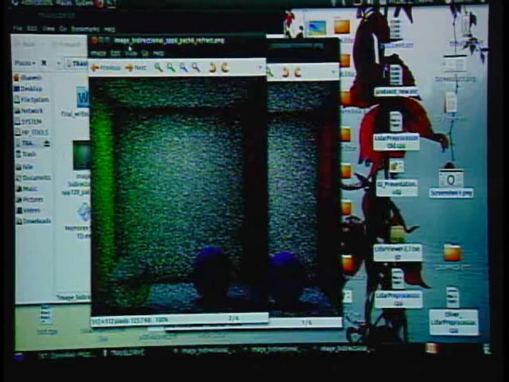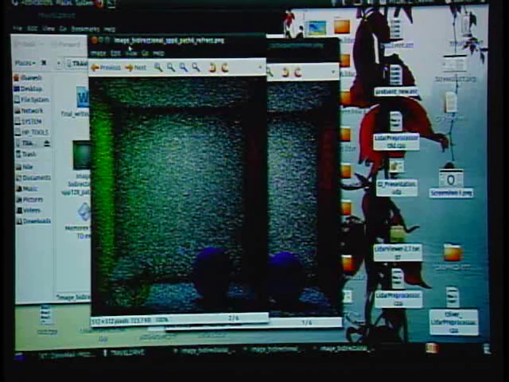Okay, well, you can't really tell the difference between them, so it's a good optimization to do. And I also added specular refractive surfaces to mine.